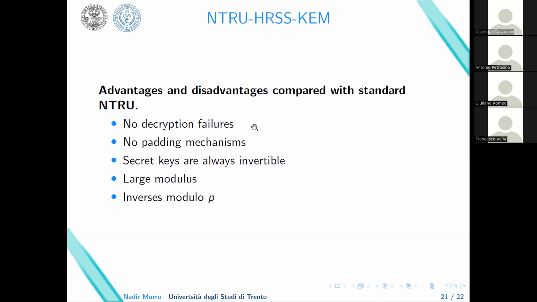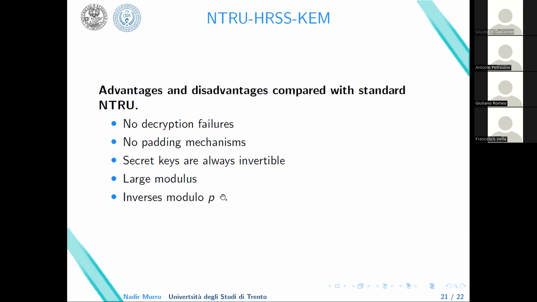This is essentially thanks to the parameters selection and also thanks to the phase of key generation in the properties required for the public key. Also thanks to some conditions that we have on the plaintext. Moreover, we don't need padding mechanism for obtaining semantic security. And the secret keys are always invertible thanks to the sampling algorithms.